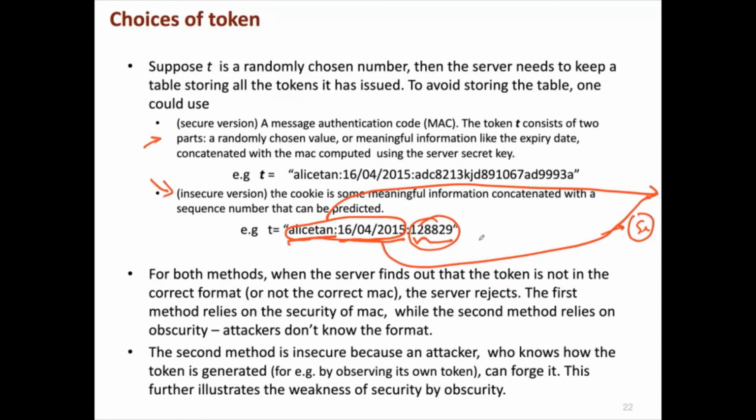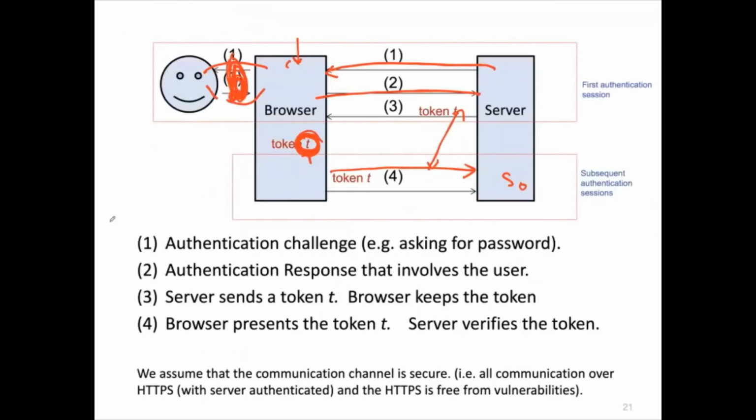So now, suppose that an attacker wants to impersonate Alice Tan. You know Alice Tan's username, from her Instagram or Facebook account, and then he can generate a token in this meaningful form and send it to the server.